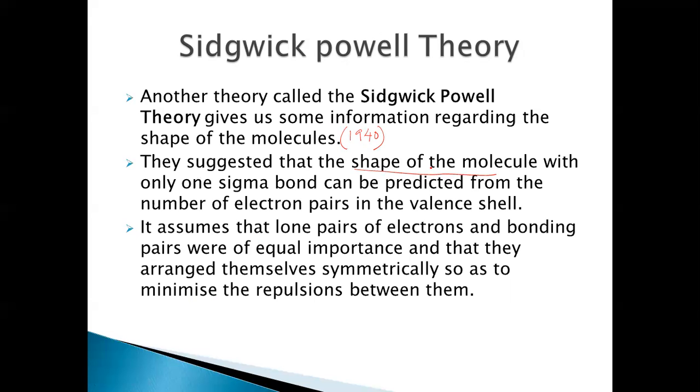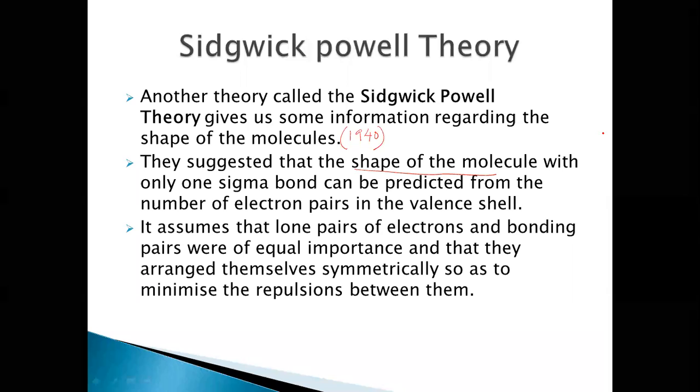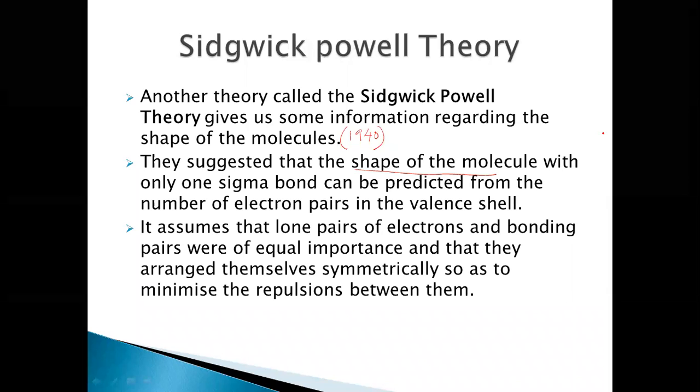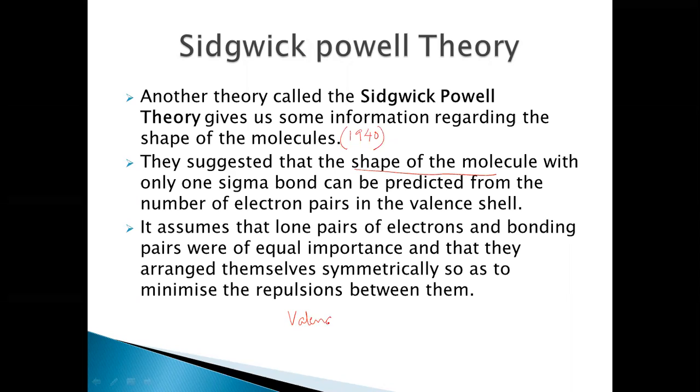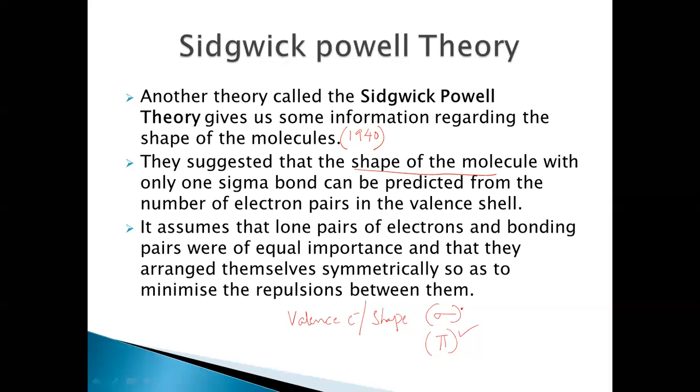This theory says that depending upon the number of electron pairs in the outermost shell or valence shell of an atom, we can predict the shape of the molecule. The shape of molecules with only sigma bonds could be explained, and molecules having pi bonds could not be explained.